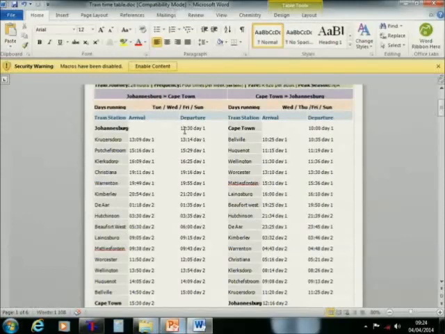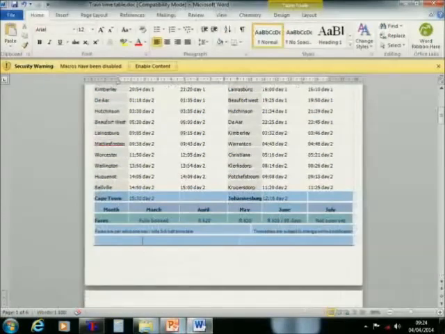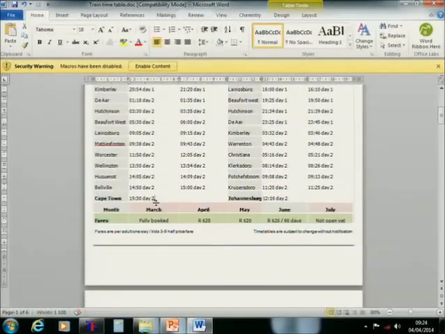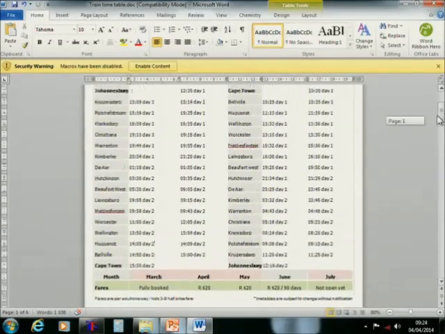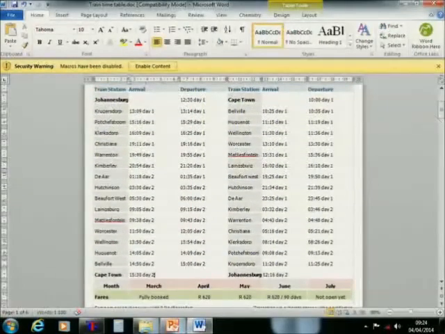That is day one. In other words, that is when the train left the station. Then the arrival time is this one, 15:30, which is day two. Good. Let's do our calculations together and see whether we get the same answers.